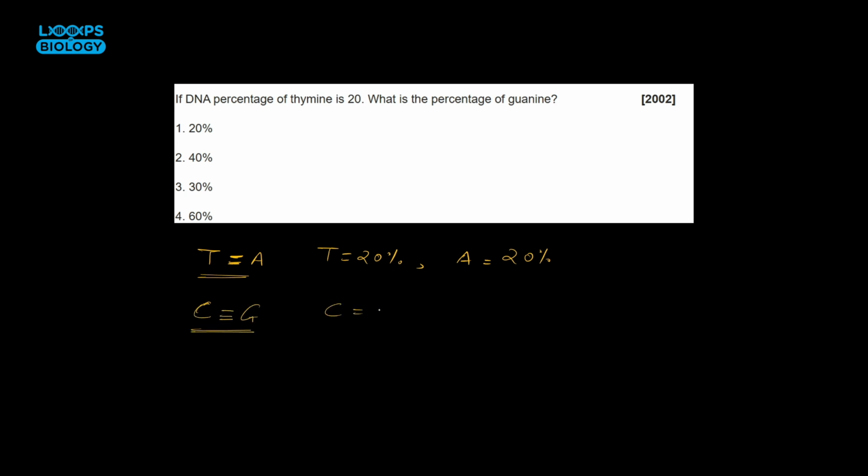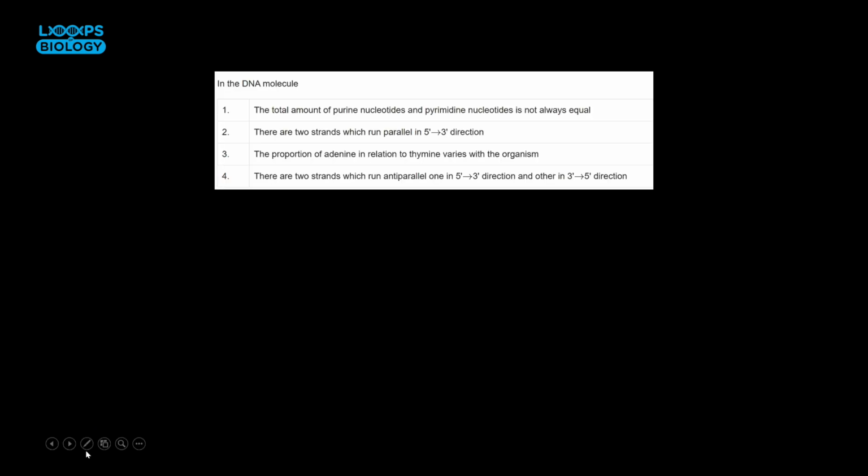So if cytosine is X%, then guanine is again going to be X%. So 2X is equal to the remaining 60%. So X becomes 30%. So guanine and cytosine are basically having a 30% contribution inside that particular DNA.